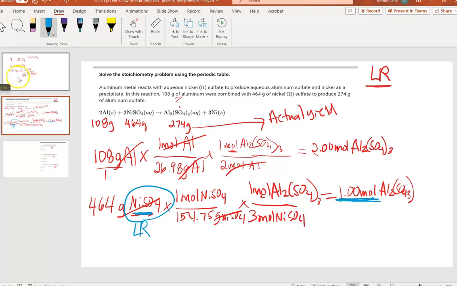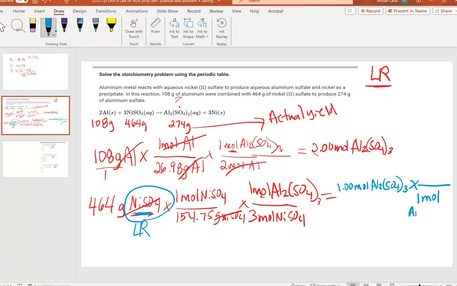So I had 1.00 moles of Al2(SO4)3. So I'm going to convert 1 mole of Al2(SO4)3. Now I need to calculate the molar mass.